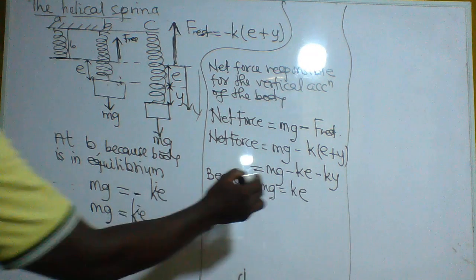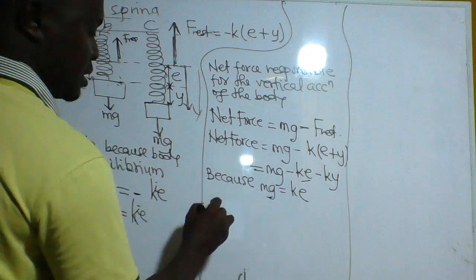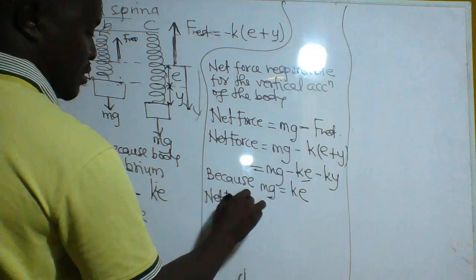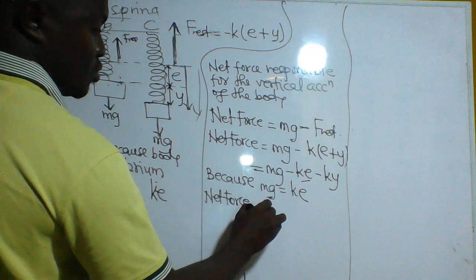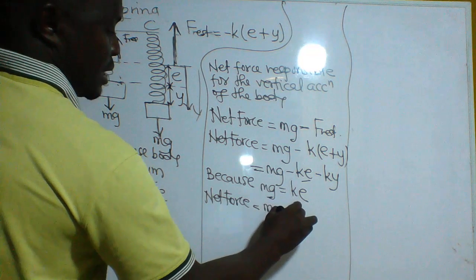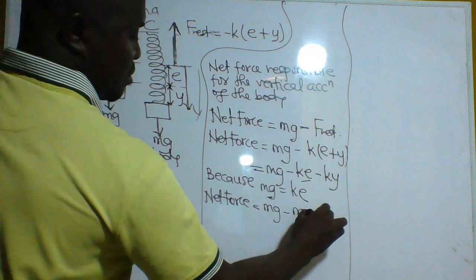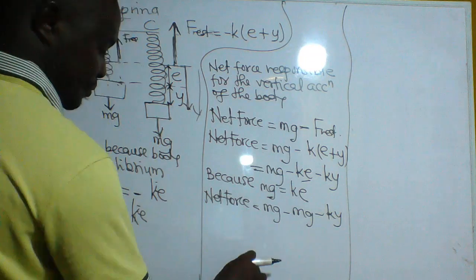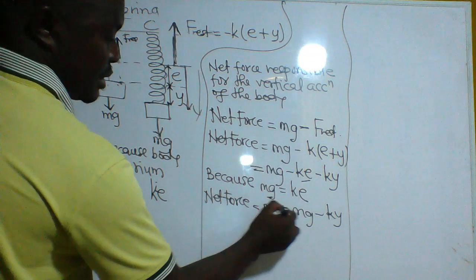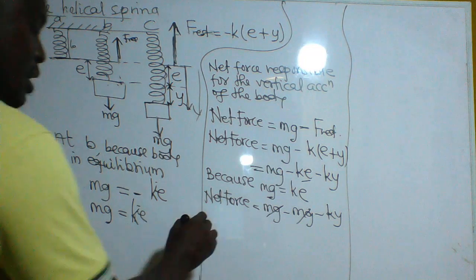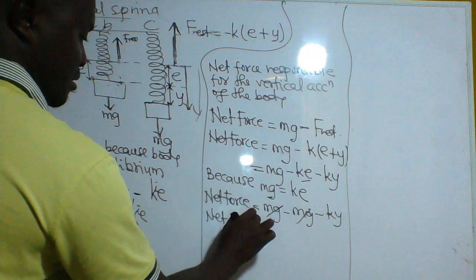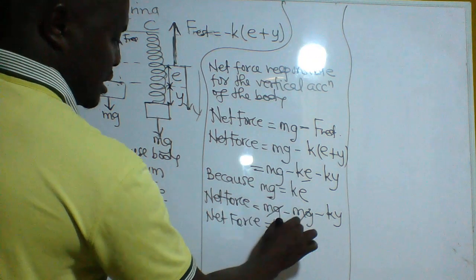In place of ke, we can substitute this for us to have the net force equal to mg minus mg minus ky. Okay, mg cancels out, and so we have the net force giving us minus ky.